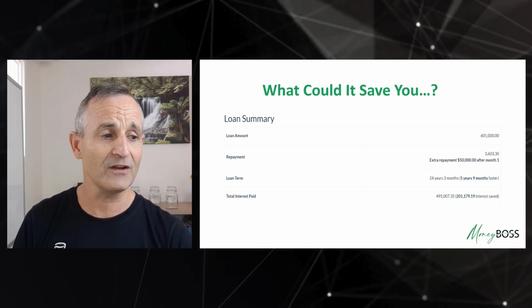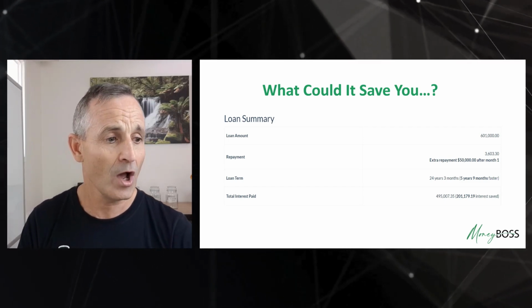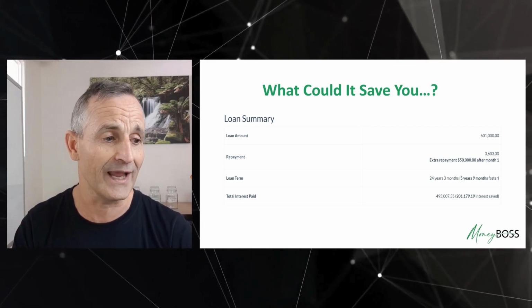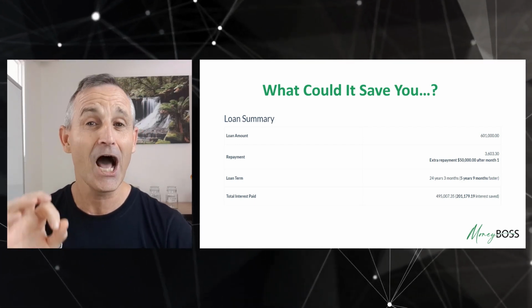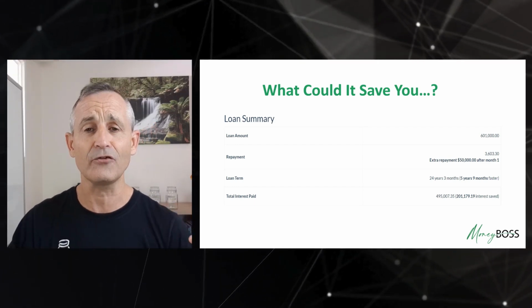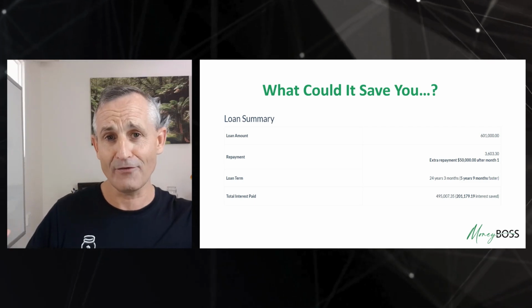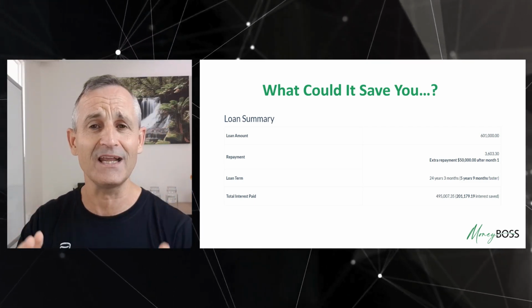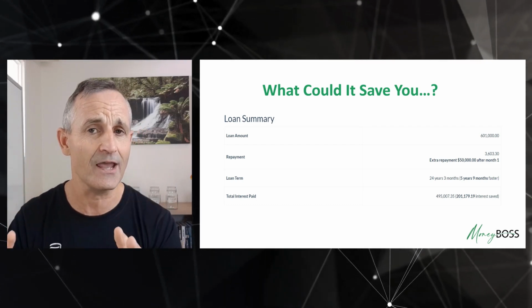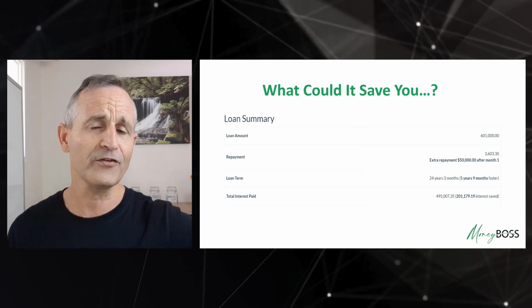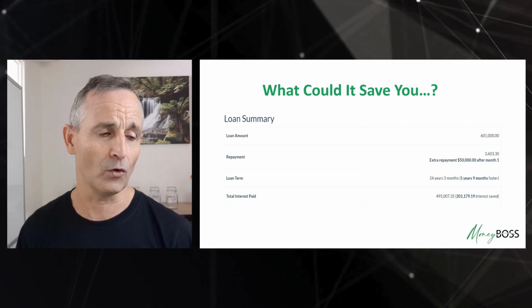By having that $50,000 sitting in my offset account, I will pay my home loan off 5 years and 9 months earlier, and more importantly, I will save myself $201,000 in interest over the life of that loan. So that's $201,000 in after-tax money that you now get to save because you've had that $50,000 sitting in your offset account during the life of your loan.